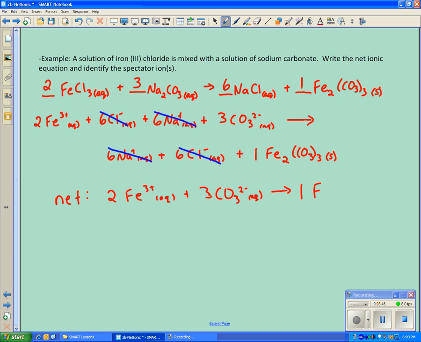And that produces the 1 iron 3 carbonate that we have on the product side. So there is your net ionic reaction. The sodium and the chloride were spectators. They didn't do anything during this reaction. So the spectators are sodium and chloride.